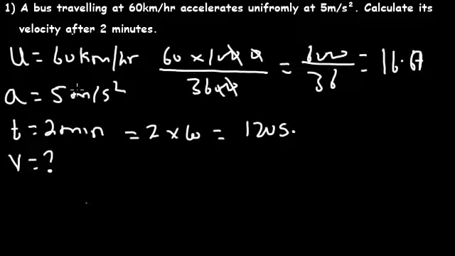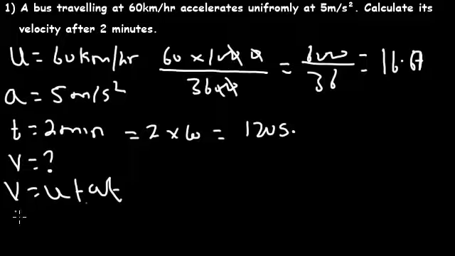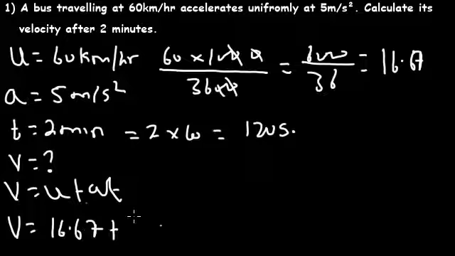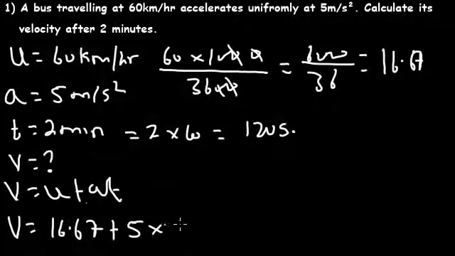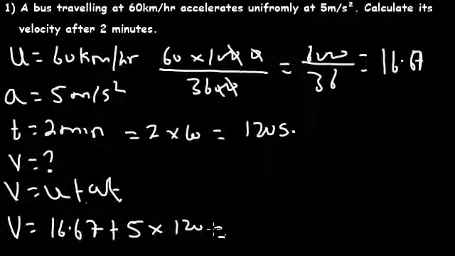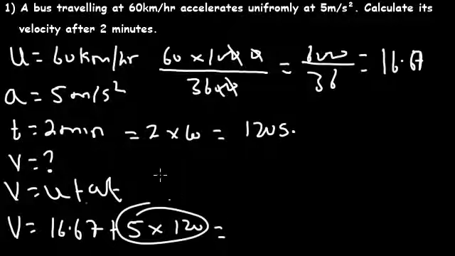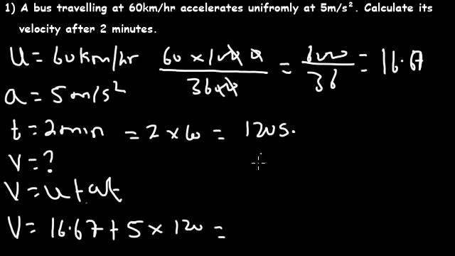So therefore, according to the first law, v equals u plus at, then the final velocity of the bus will become 16.67 plus the acceleration, which is 5, times the time, which is 120. Now, when I find the product of 5 and 120, that gives us 600.